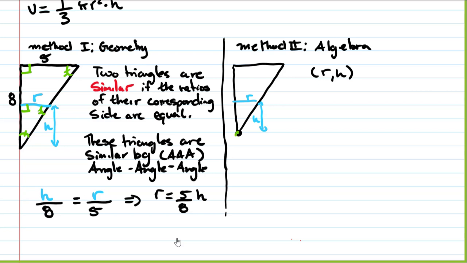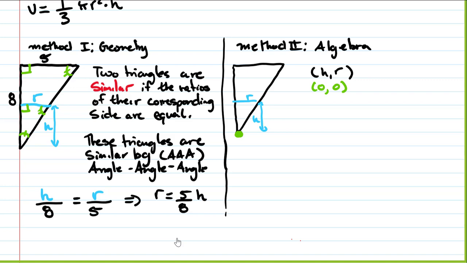At this point, what would our ordered pair be? Well, I wrote my ordered pair backwards, it's h comma r. Not that it would matter, we'd just have to solve for the other variable. But at this point, when the height is 0, what does the radius have to be?